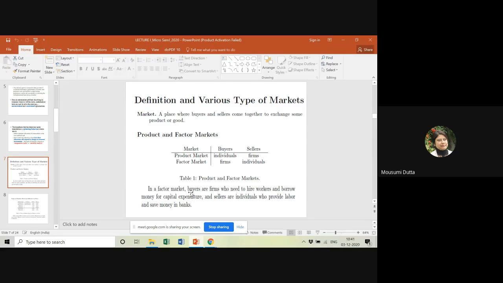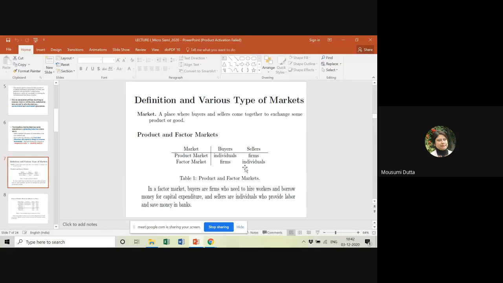In a factor market, buyers are firms who need to hire workers and borrow money for capital expenditure, and sellers are individuals who provide labor and save money in banks. And with the help of this kind of savings, we go to the commodity market and buy the commodities.